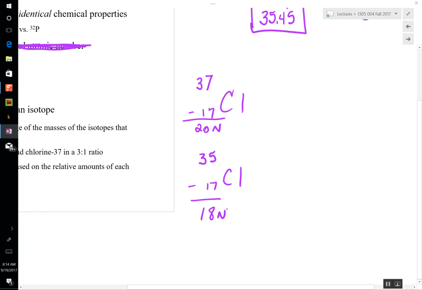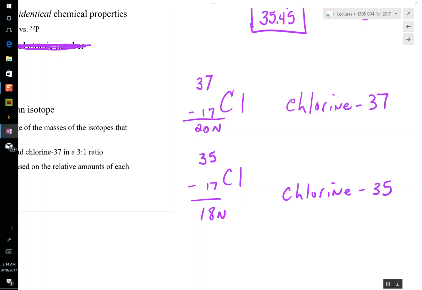So these are 2 atoms of the same element. They have the same number of protons in the nucleus, but they have a different number of neutrons. So chlorine has 2 different isotopes. This would be called chlorine 37, and this would be called chlorine 35. So when we refer to an isotope of an element, we just say the name of the element and the mass number.